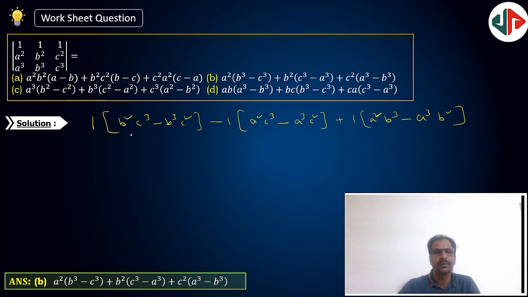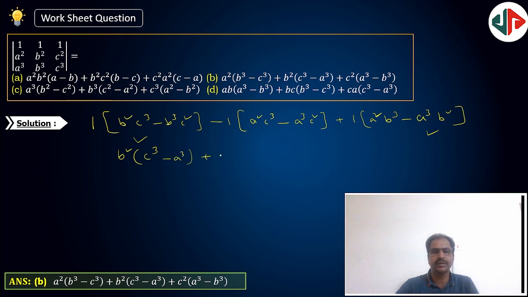Now, if you look at the options, you need to take a square b square common terms. In these two, b square is common. Take b square common. So b square into c cube minus a cube.